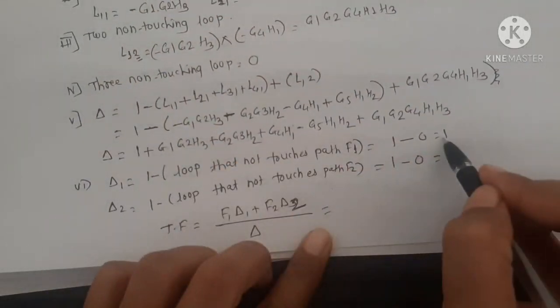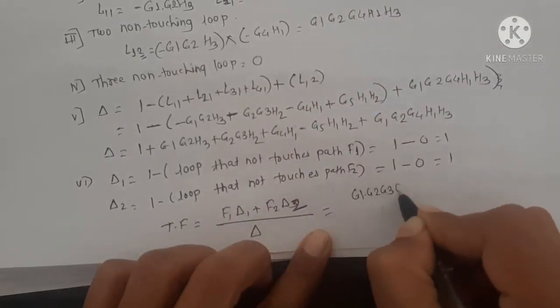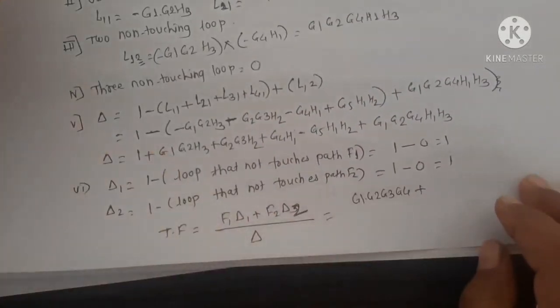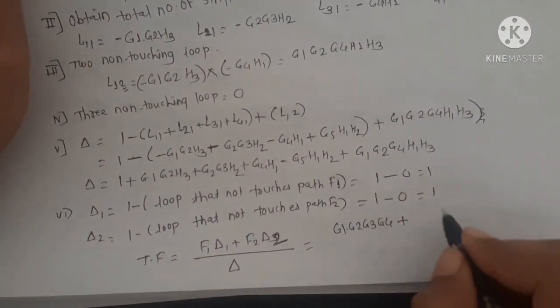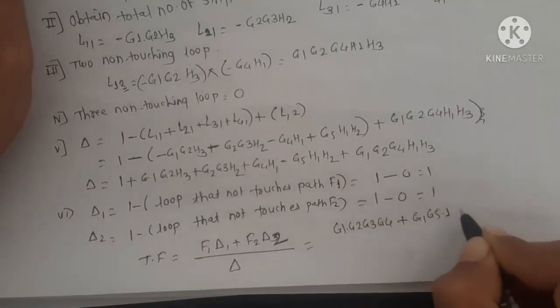So write this, because del 1 is 1, multiplication with this will become g1, g2, g3, g4 plus f2 is g1, g5 and del 2 is 1. So multiplication of these two will be g1, g5 into 1.